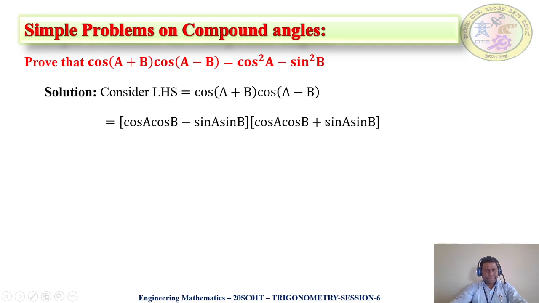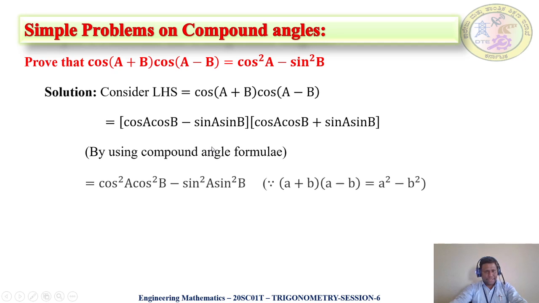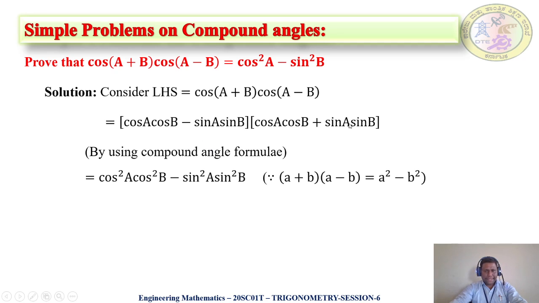You know that (A plus B) into (A minus B) is A square minus B square. Here A means cos A cos B, B means sin A sin B. So by using this formula, it can be simplified into cos square A cos square B minus sin square A sin square B.